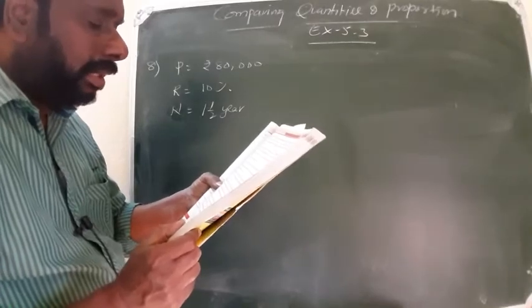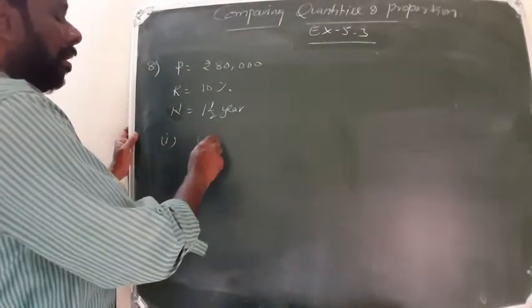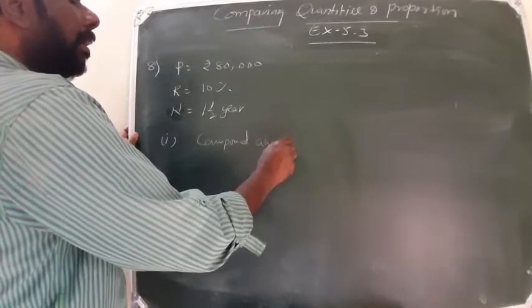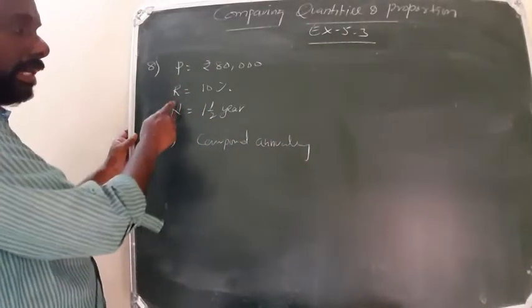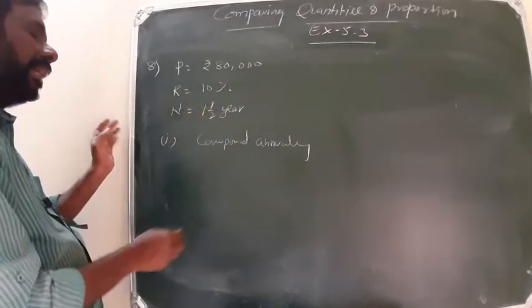First one, compounded annually. Compounded annually means the rate and time will not be changed. Whatever is given in the sum, that only you can use.